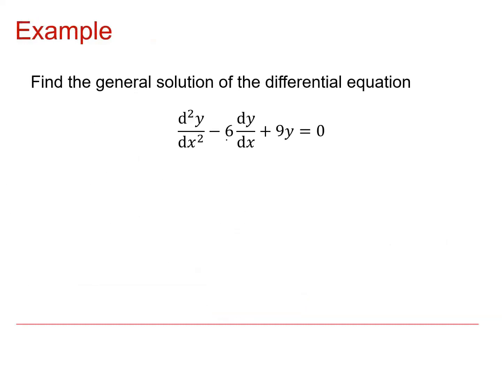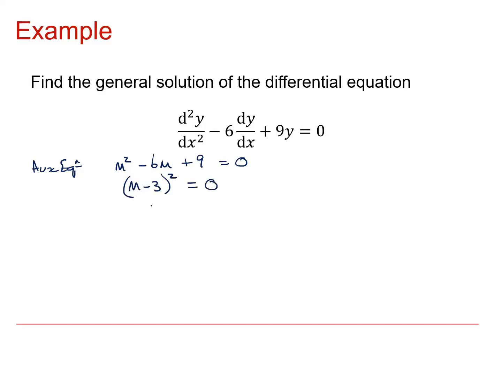So let's find the general solution of this differential equation. Well, I start out with my auxiliary equation, which is going to be m squared minus 6m plus 9 is equal to 0. Now this factorizes to m minus 3 squared equals 0.